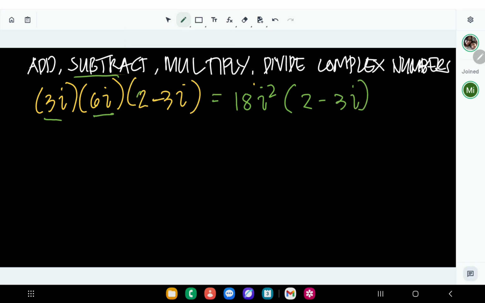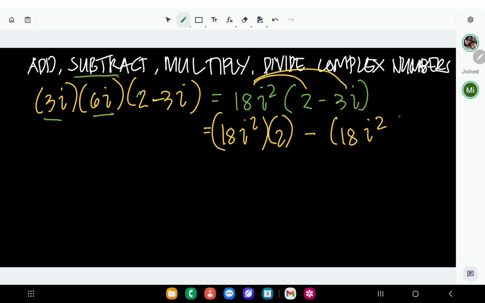Then we distribute 18i squared to each of the terms inside the parentheses. So this is 18i squared times 2 minus 18i squared times 3i. Then we simplify. What is 18 times 2? 36i squared minus, what is 18 times 3? So this is minus 54.